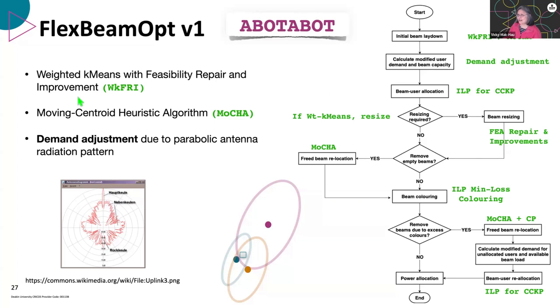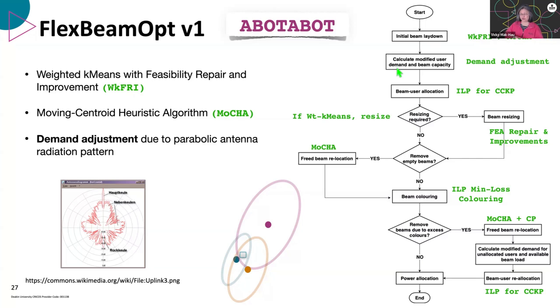As I mentioned before, this is a flow chart of the algorithm. In the beginning, we do some initial beam laydown. We tested two algorithms. The first one is the weighted k-means just to do the clustering. I know that there are better, newer algorithms to do clustering, but at the time we just thought we should quickly pick one and implement it. And then we implemented our own feasibility repair and improvement algorithms.